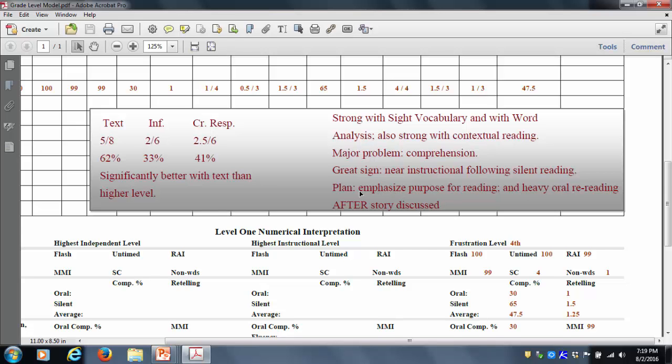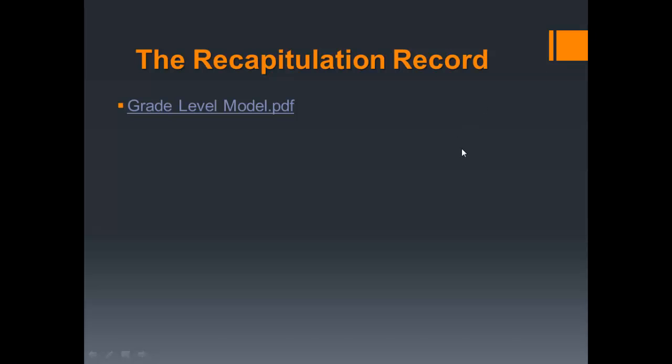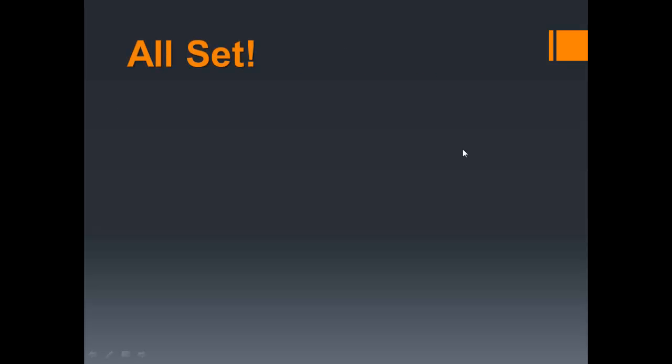That means that after the story's been read silently and discussed thoroughly, then you send the student back to the story that's been discussed and find in that story sentences or paragraphs that will support the answers and ideas discussed during the post-reading discussion. And studying this provides you with a goal. We're not wandering, we know where we're going.